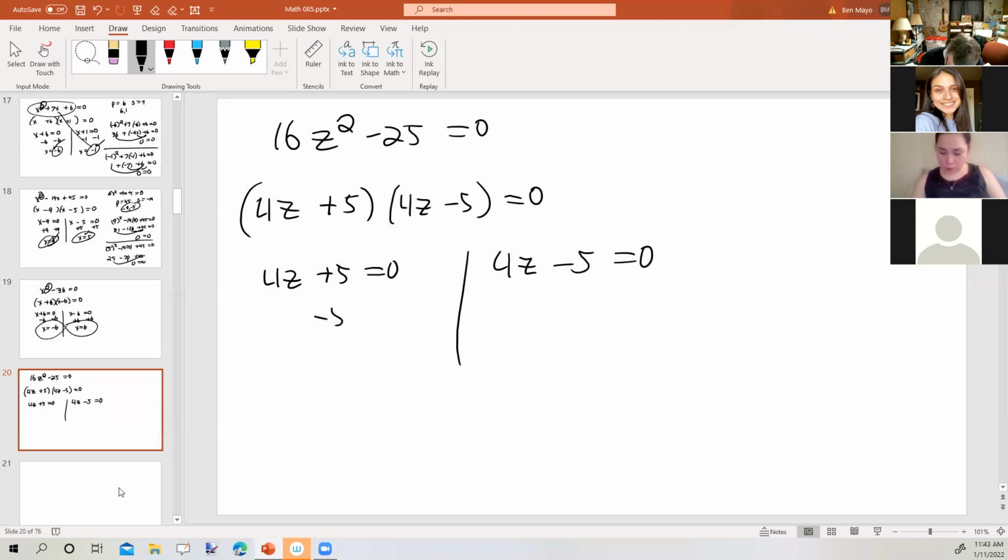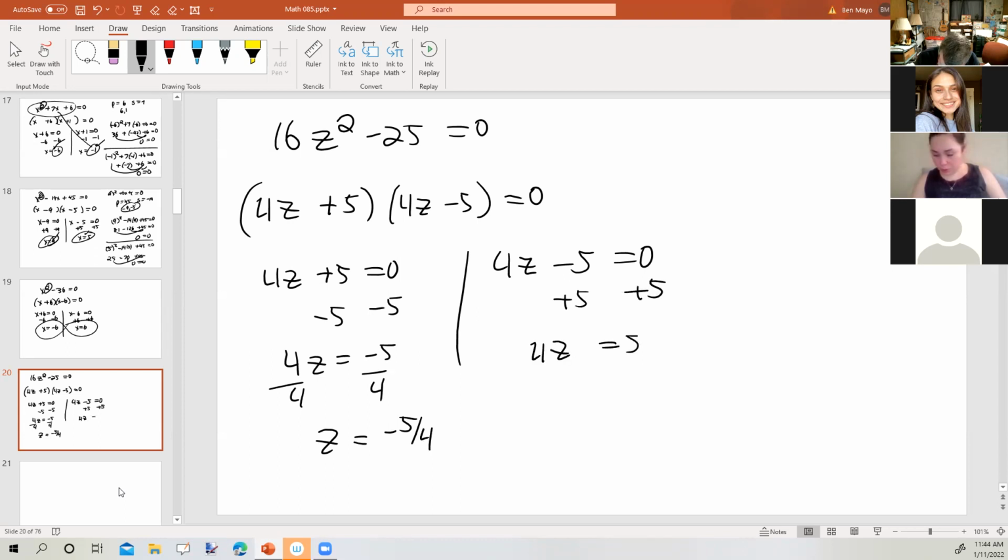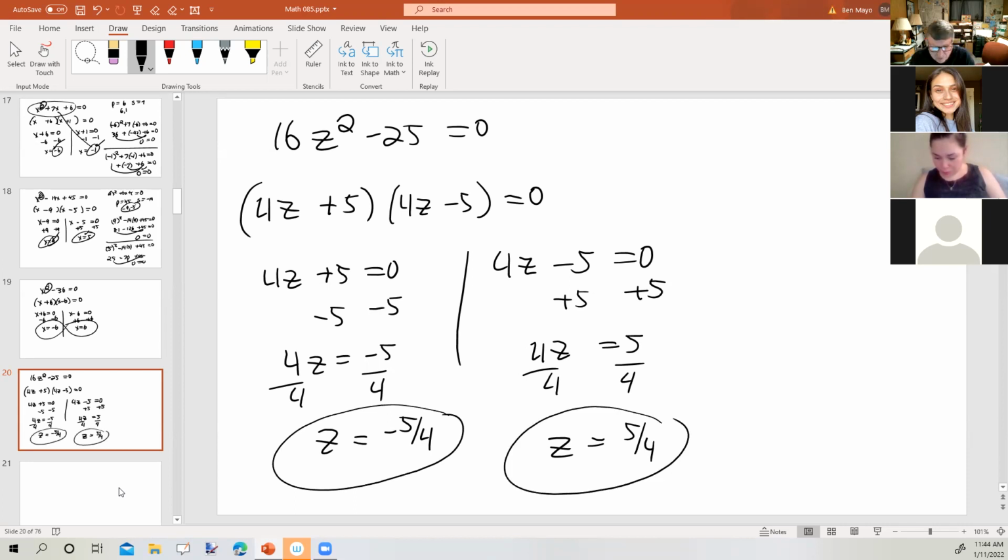Solving the first equation, the one on the left, subtracting 5 from both sides, and then dividing by 4. On the right, adding 5 to both sides, and then dividing by 4. So z equals negative 5/4 and z equals positive 5/4. Again, any questions?